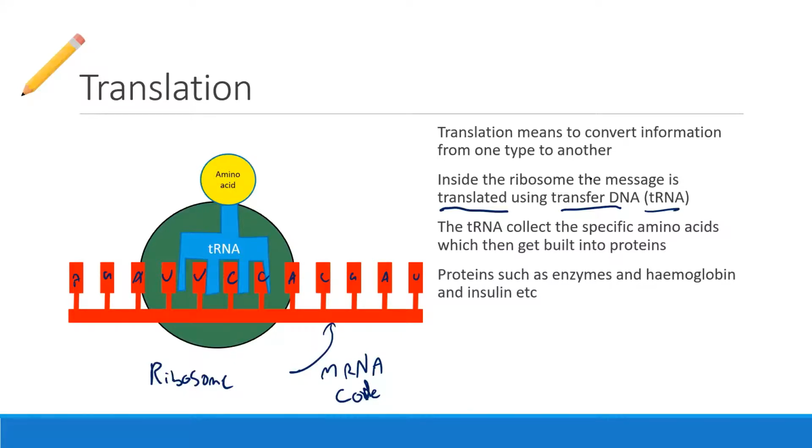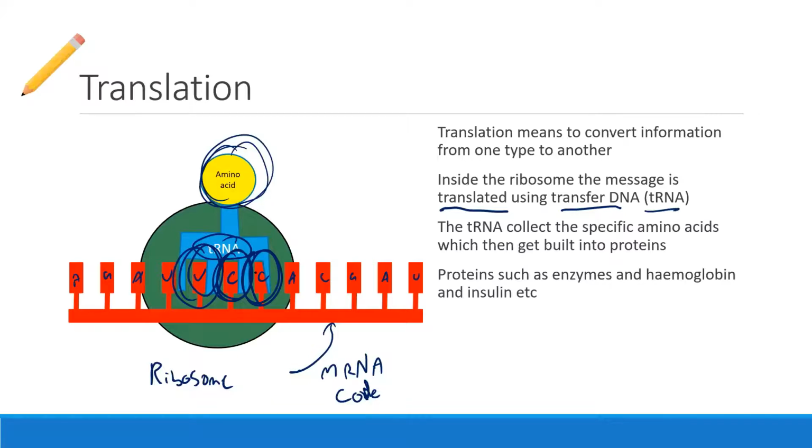What this tRNA does is you'll see the tRNA has an amino acid attached to the top. And that tRNA can read parts of the messenger RNA. Remember at the very start, I said it reads 3 bases at a time. It reads 1, 2, 3.